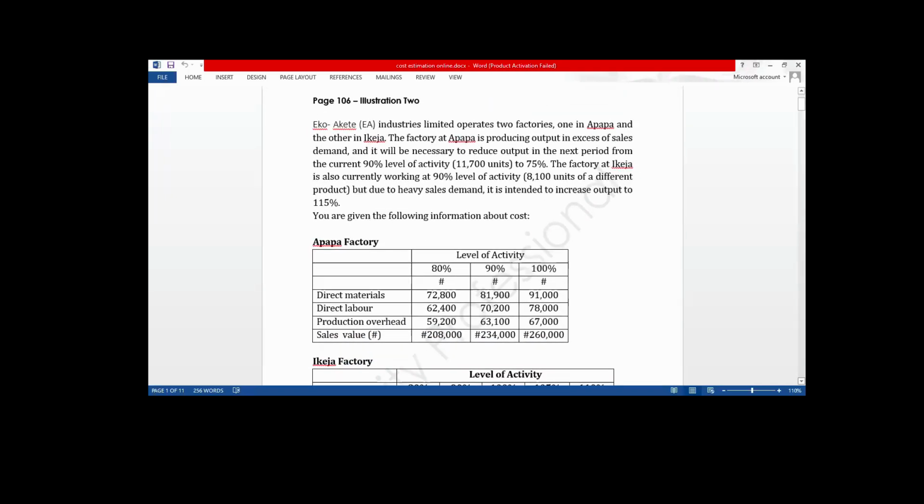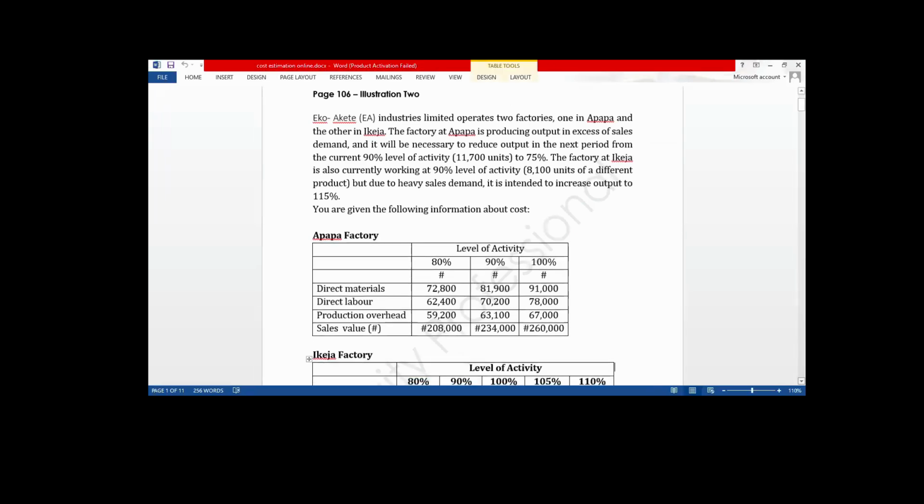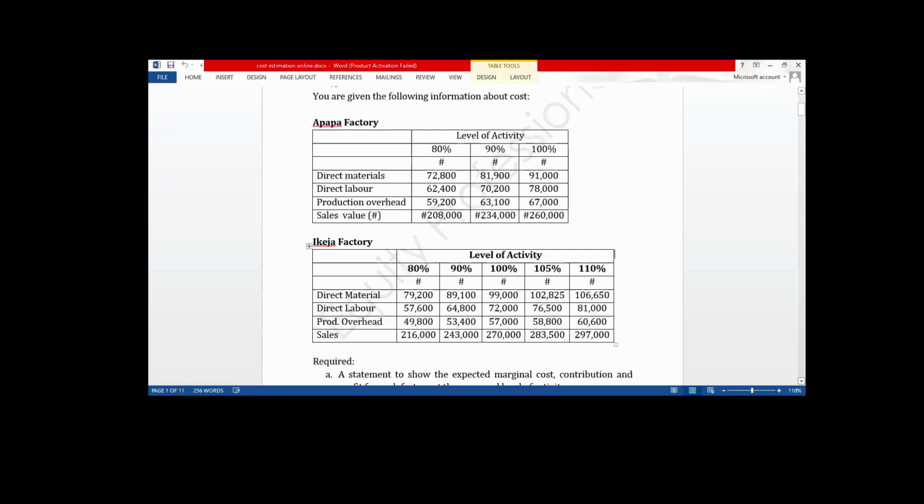Apapa factory, 80%, 90% level, and 100% level. At these levels, we have direct material cost, direct labor cost, and production overhead. We equally have sales value. At Ikeja factory, we have 80%, 90%, 100%, up to 110%.